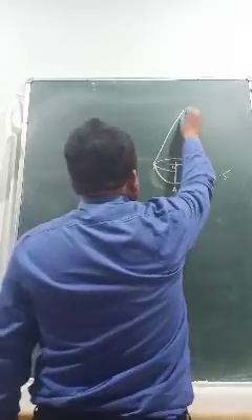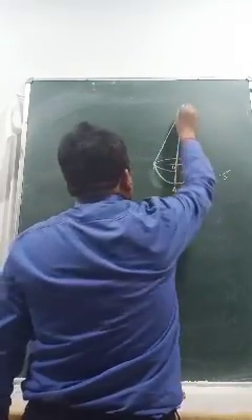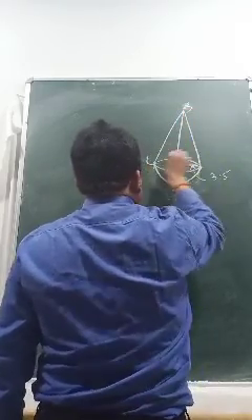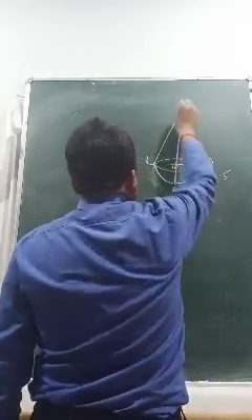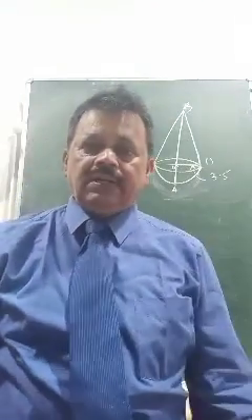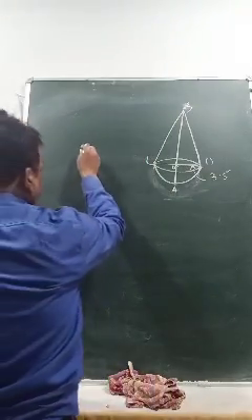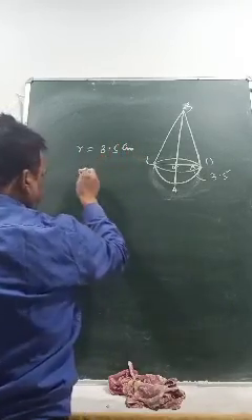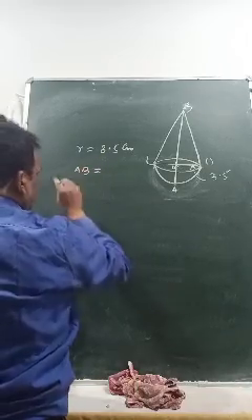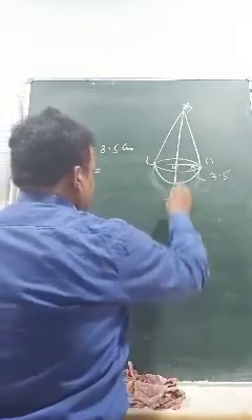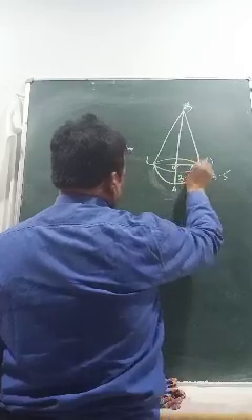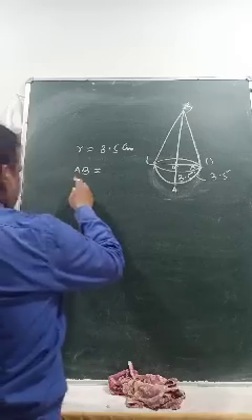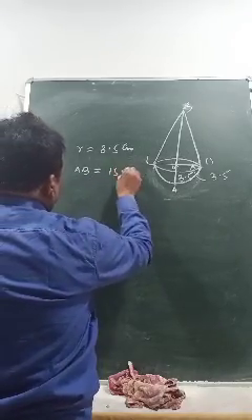Total height. I have written B, C, D. Total height means AB. AB is 15.5. You can write here R equals 3.5 centimeter, AB equals 15.5 centimeter.